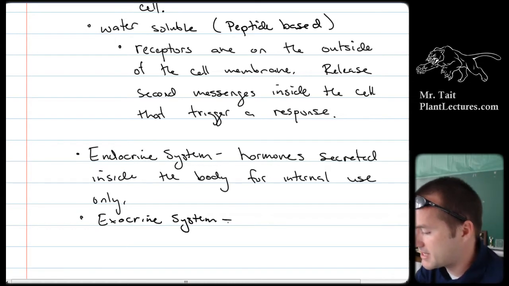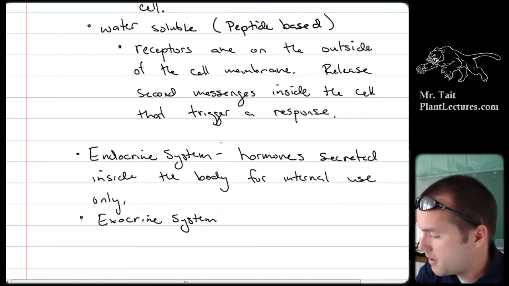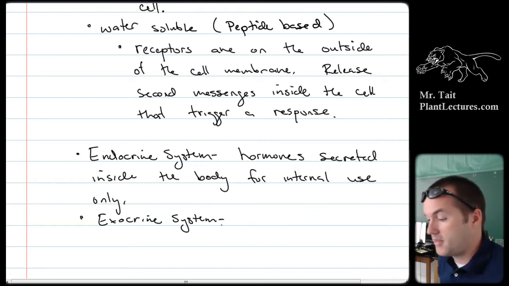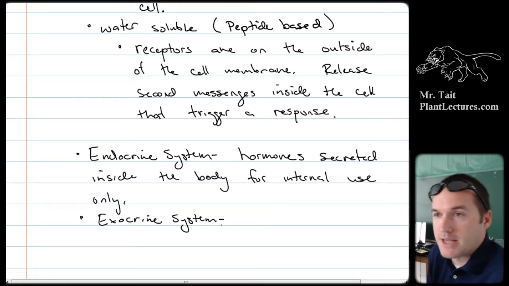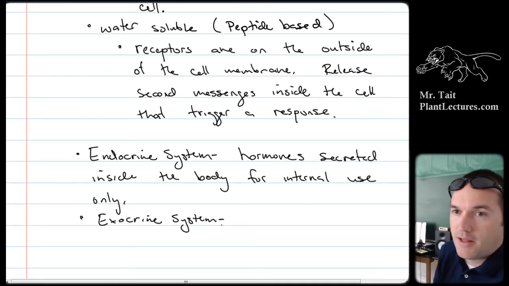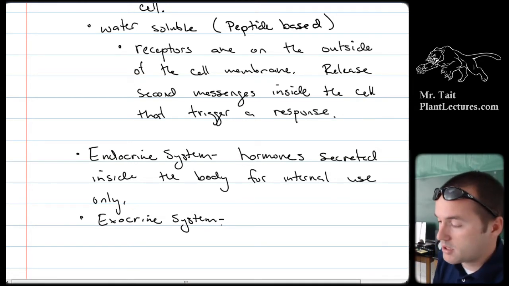Which is not really used as much in humans because we have a pretty good method of communication that's not hormone based, right? We can like talk to each other and stuff, so that's important. But it's still present. And these are hormones that are secreted outside the body, right? And they're going to trigger a response in other members of the species.